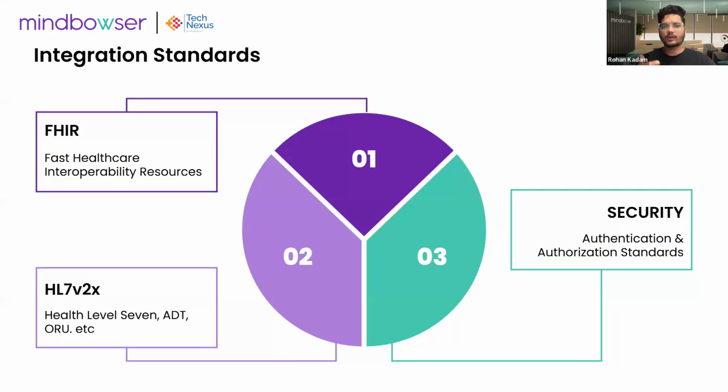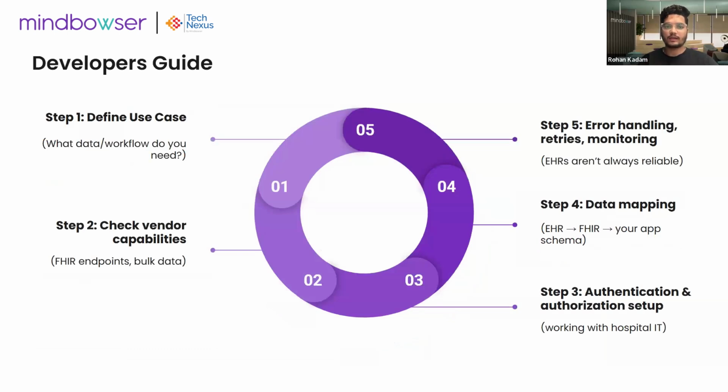In Cerner, you can edit your application, go inside, tick mark, and give access to a particular resource. Let's suppose you want to give read access to document references, but you don't want to give access to write. You can do that as well. So these are some of the integration standards that you need to take care of while working with EHR integrations.